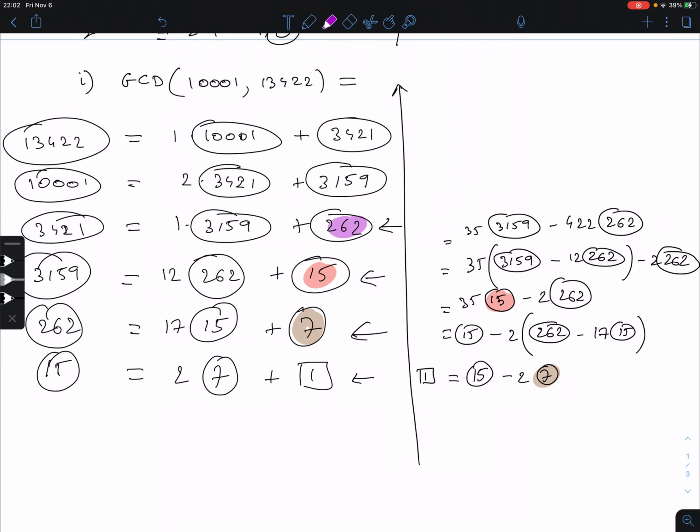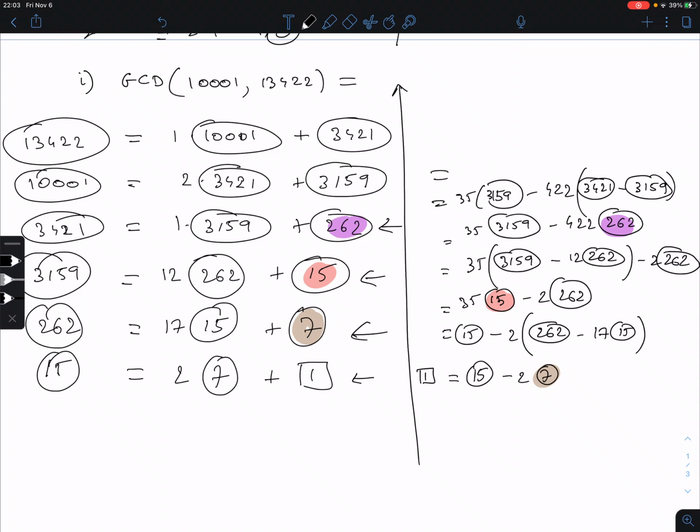It's this one that I use to replace this one. I'm getting a little bit out of sync here. So it's 35 times 3159 circled, minus 422 times 3421 circled minus 3159 circled.